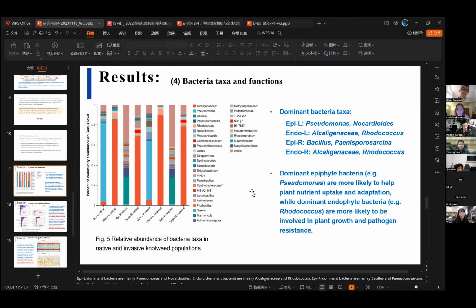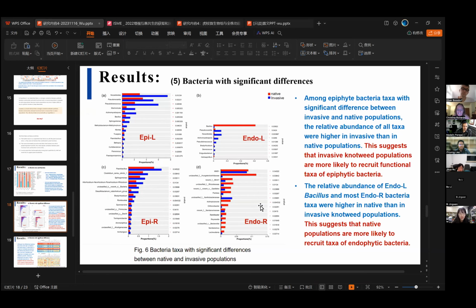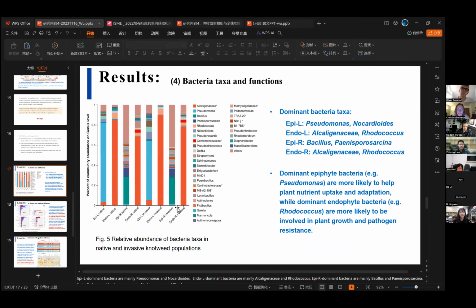Jingwen, for the figure 5, I have a little tip. Maybe if you could put the figure 5. This one. Yes. Okay. Put, for example, EPI L native and the invasive, these two put together.